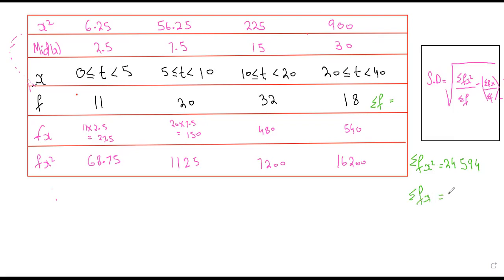It would be 27.5 plus 150 plus 480 plus 540, and that would be 1197.5. Ishal and Zahib, are you guys getting the same values? Please confirm that. Yes, ma'am. 1197.5.